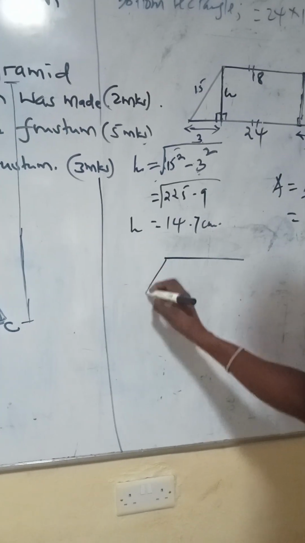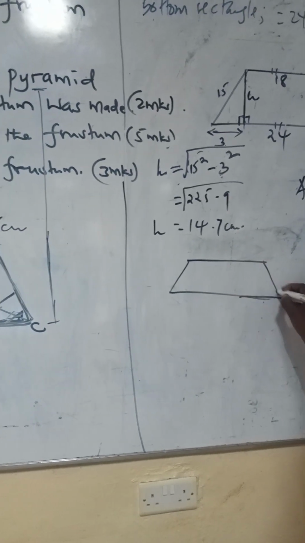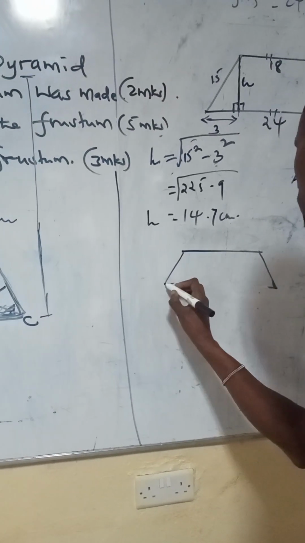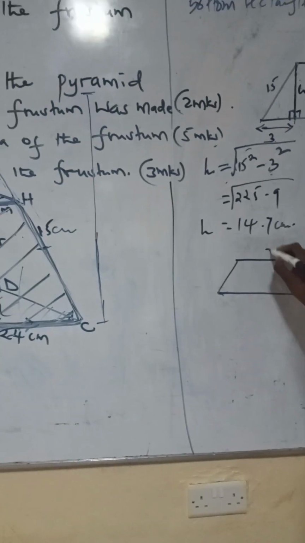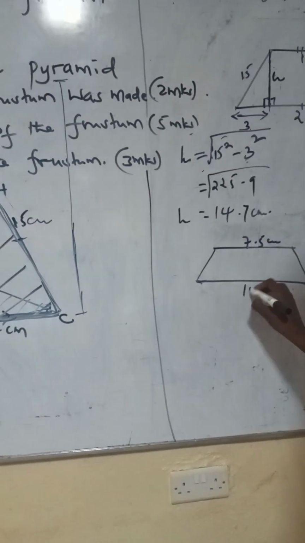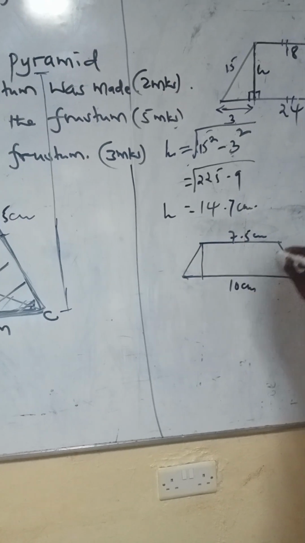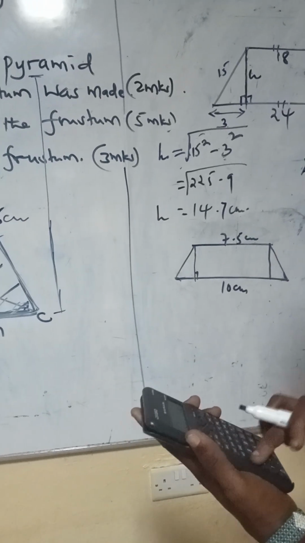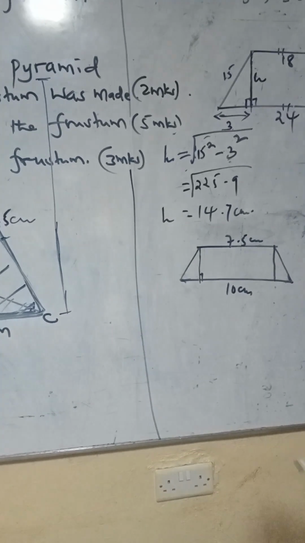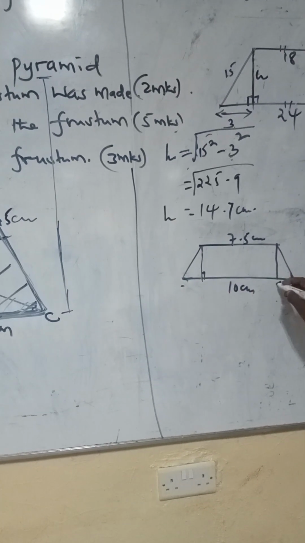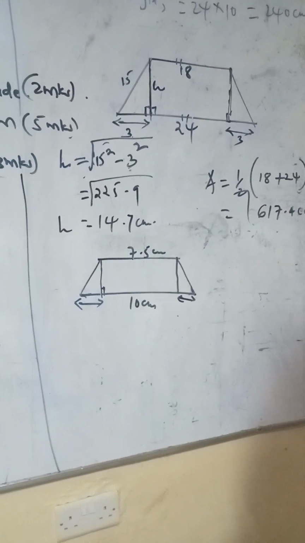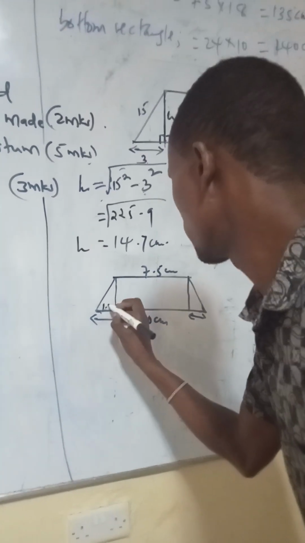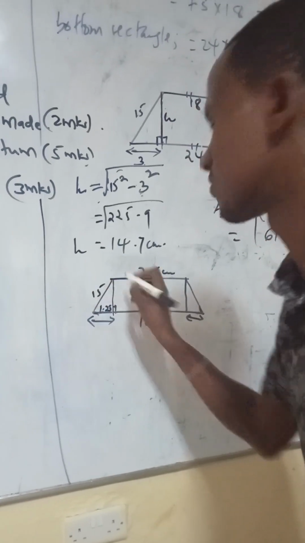And then now to get the other one, this other one is like this, where this side is 7.5 centimeters and this one is 10 centimeters. If you do the same, you say 10 minus 7.5, which will give you 2.5. So the sum of this length here and this will be 2.5. So we divide by 2 to get the length of 1, which is 1.25. So this is 1.25 and this is still 15.